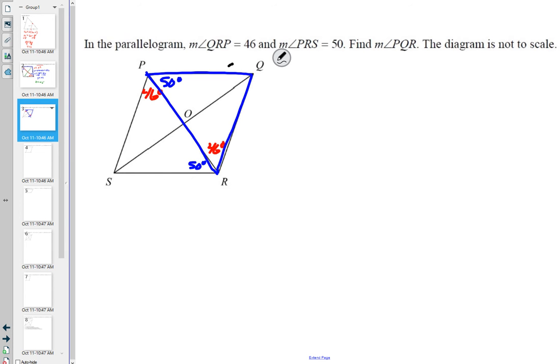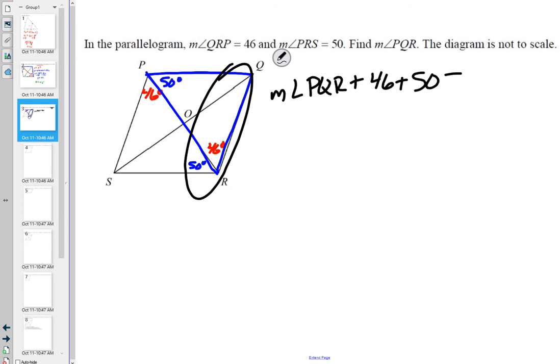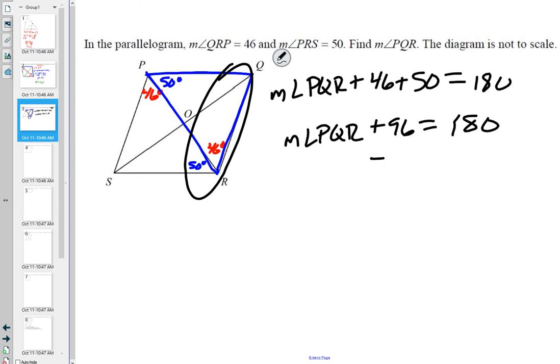The other thing you can also think of, we know that consecutive angles are supplementary. So whatever property you cite in order to get it, we know that the measure of angle PQR plus 46 plus 50 is equal to 180. So measure of angle PQR plus 96 is equal to 180. Minus 96 minus 96.